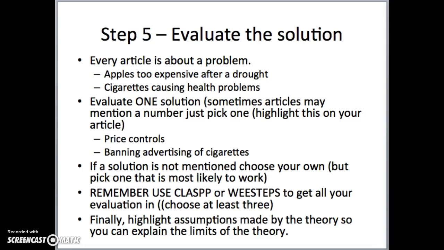So for example, this would be good if we could assume everything stays the same, so ceteris paribus, but in reality it doesn't. Therefore, I don't think this solution is going to be appropriate because there's other factors that are taking place, such as.